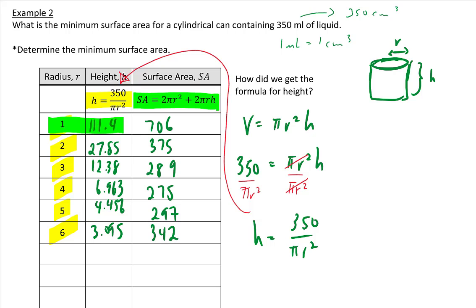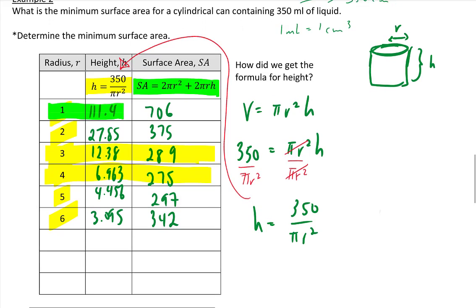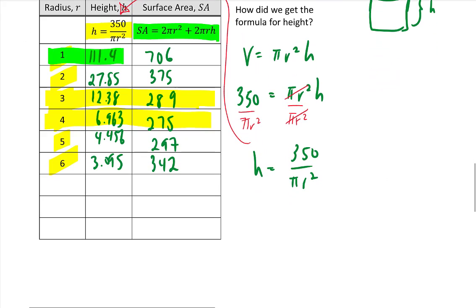And we can see the smallest one we get is 275. The next closest one is 289. So we're going to look at 4, see if it is the minimum, but what we'll do is we'll go down from 4, try 3.9, 3.8, and so on, to see if we can get any smaller. So let's try some of those.